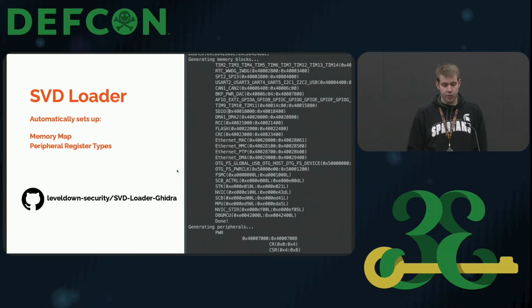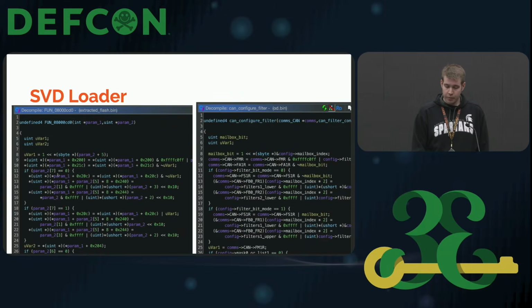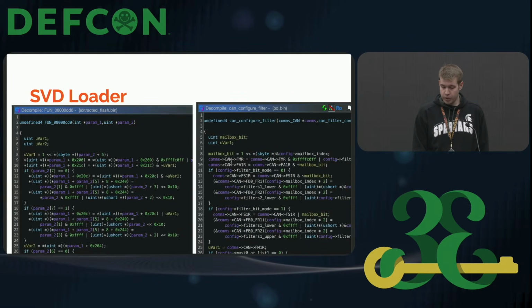And the reason that's so easy is because ARM provides SVD files for their chips that contain this information. So by doing that, a bunch of information which was completely unlabeled before gets labeled. All these properties on a CAN register, for example, will be labeled, and it really facilitates reverse engineering, makes it much quicker to go through.